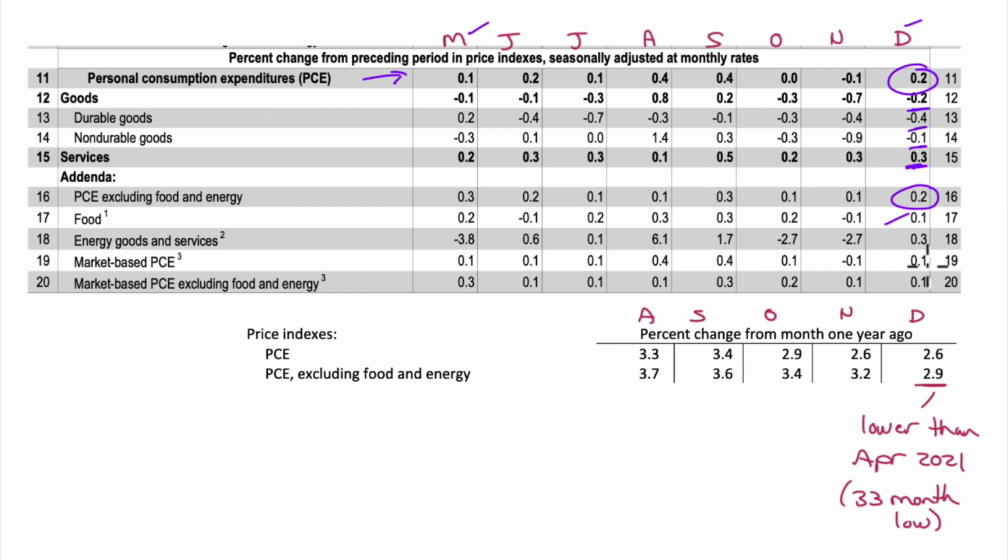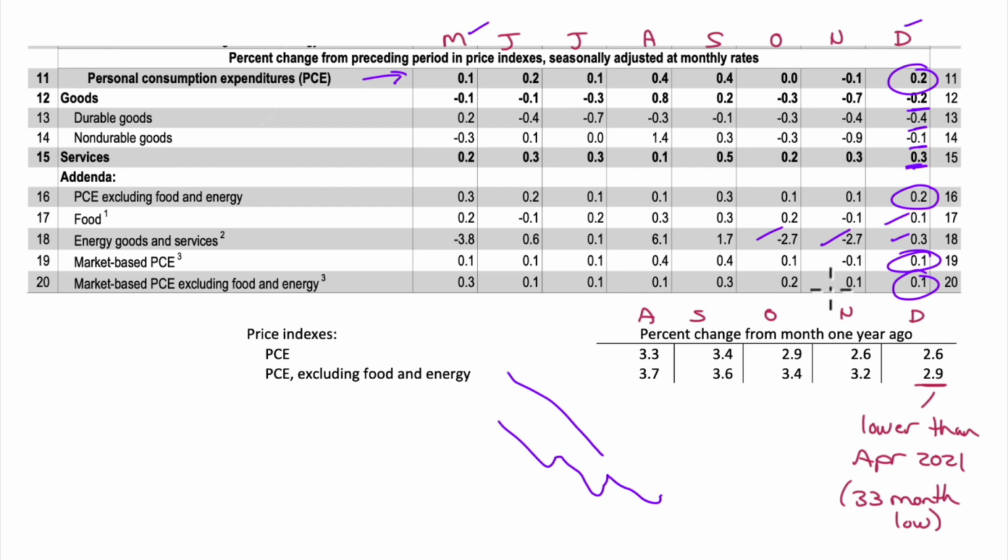Food was only 0.1. Energy goods and services, a little hot at 0.3. But look at you coming off October, November, two big months. Nothing ever goes straight down. It tends to do this. So I still think you have a step down going on here. Market-based PCE, 0.1. That's headline market-based PCE. If we look at market-based core, 0.1, you are well below the Fed target here.